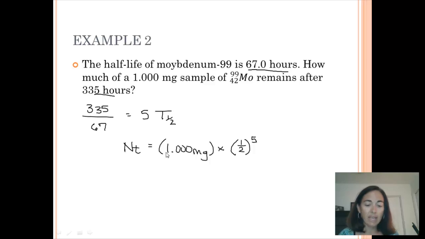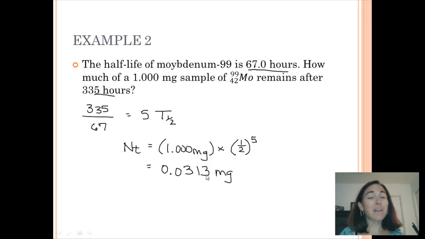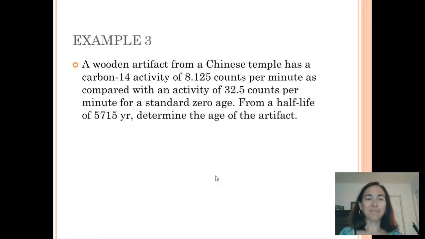And how much I get left is 0.0313 milligrams. Again, you can go back to the slide that looks at the percentages and you'll see a similar thing here. But this time we're in milligrams and not in percentages. So that one's correct. Let's do another one.